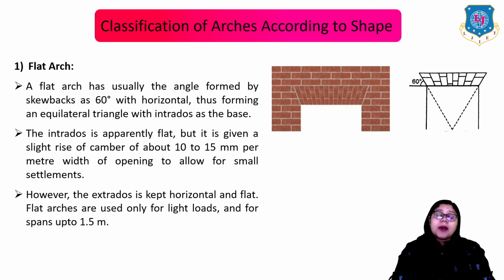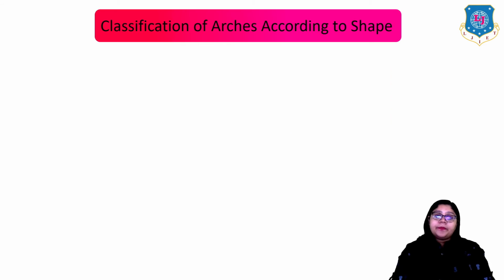The intrados is apparently flat, but it is given a slight rise or camber of about 10 to 15 mm per meter width of opening to allow for small settlements. However, the extrados is kept horizontal and flat. Flat arches are used only for light loads and for spans up to 1.5 meters as shown in this figure.